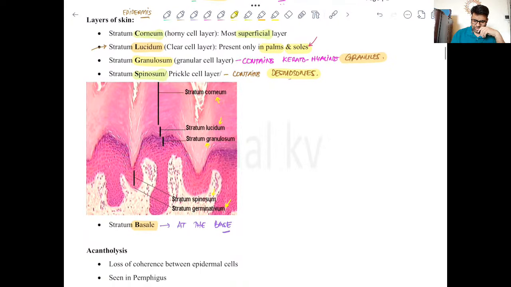And you can see one thing, that the cells are so densely packed. Clear? There is no gap. All the cells, especially in spinosum and related to the basal also, everywhere the cells are very densely packed, and there is no gap as such. Clear?